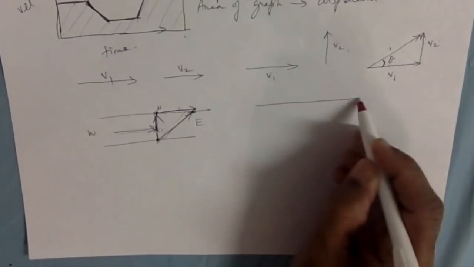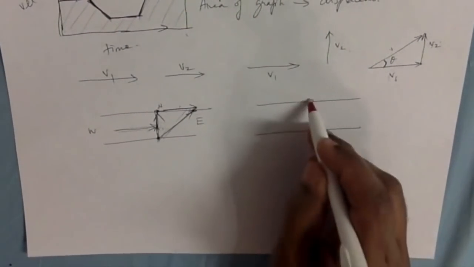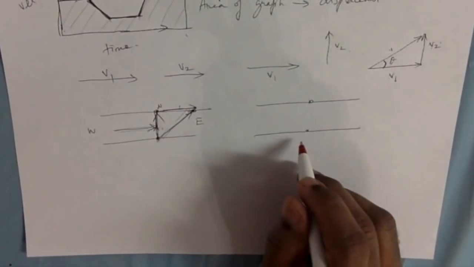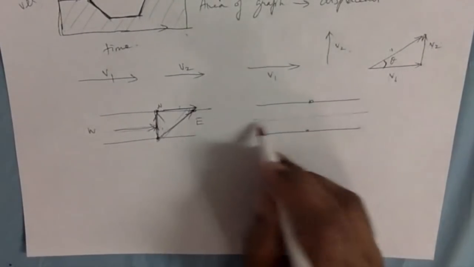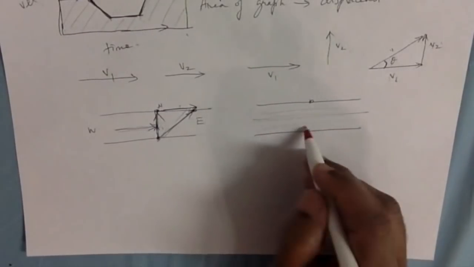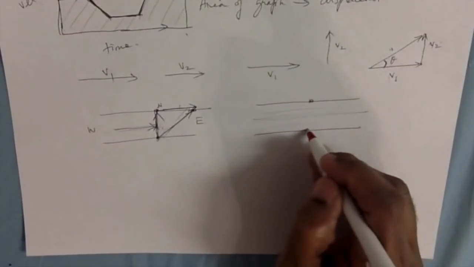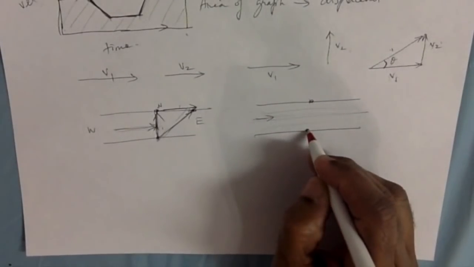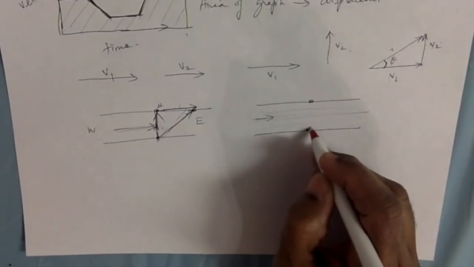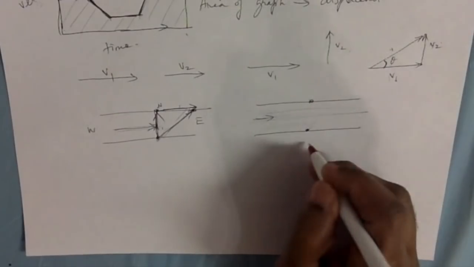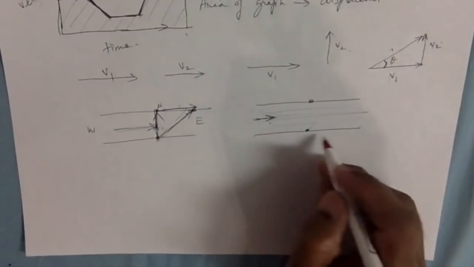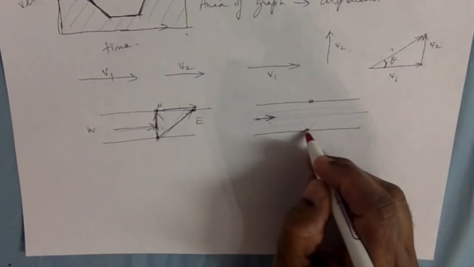But suppose you want to really go and touch that point. If you want to really reach here, and the water current is also existing, how do you reach here in spite of the water? The water is flowing that way. So if you swim straight, you'll end up here. To beat the movement caused by the water, you have to tilt yourself like this.